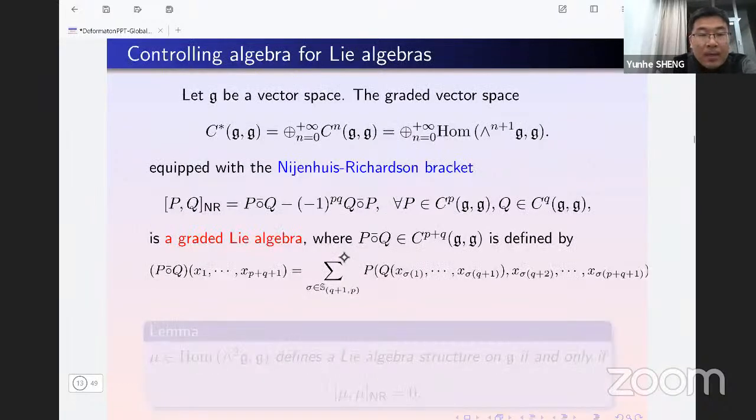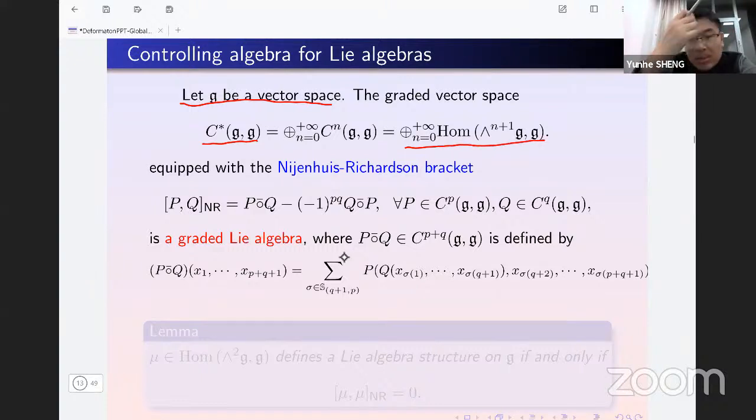First, I give an example of the controlling algebra for Lie algebras. Let g be a vector space. We consider the graded vector space C*(g,g), in which the degree n part consists of linear maps from wedge^(n+1) g to g.